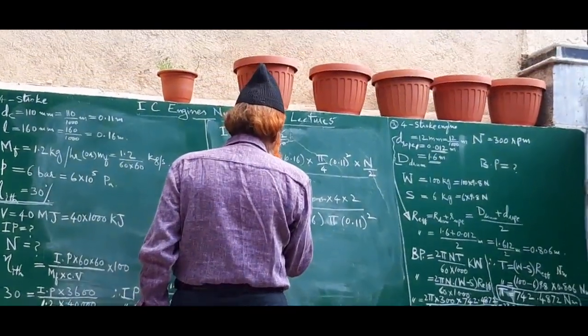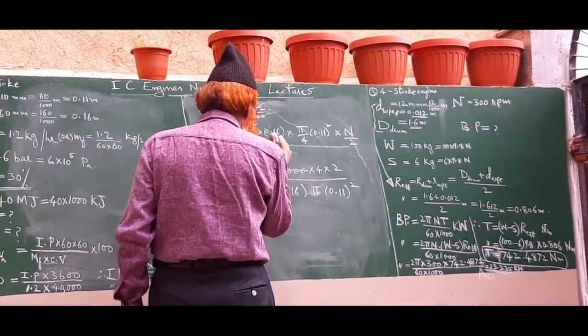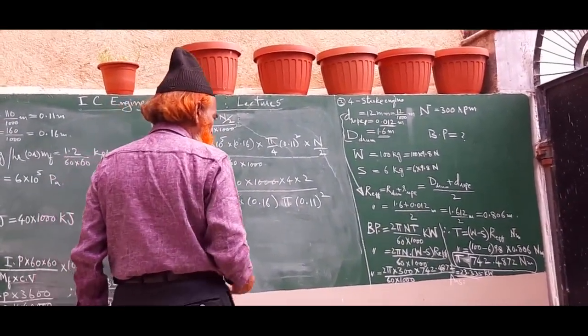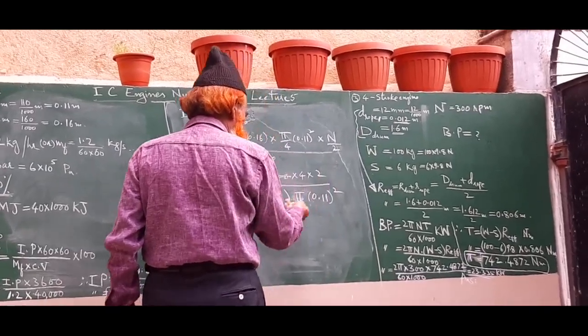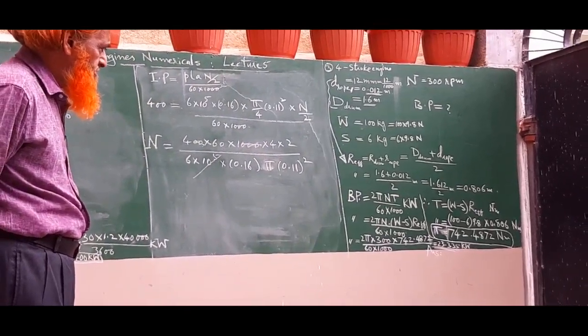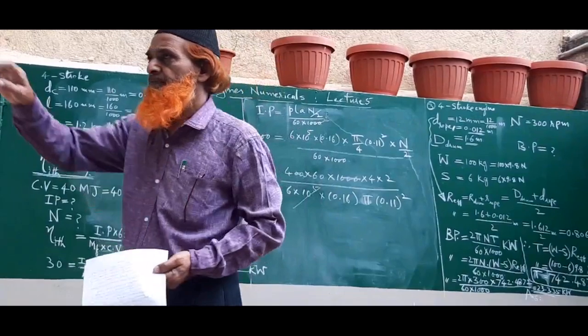Then 60 by 6, that is 10. Very simple. 10, 40, you got 40 into 4, 320 divided by this. So number is 5.